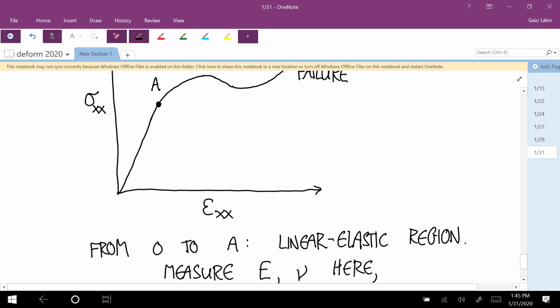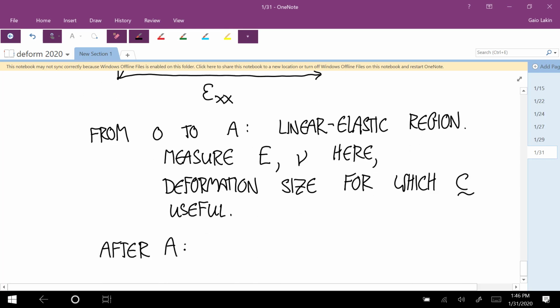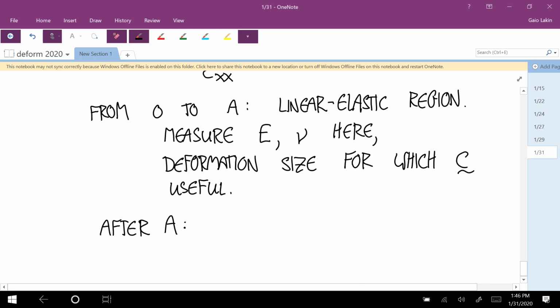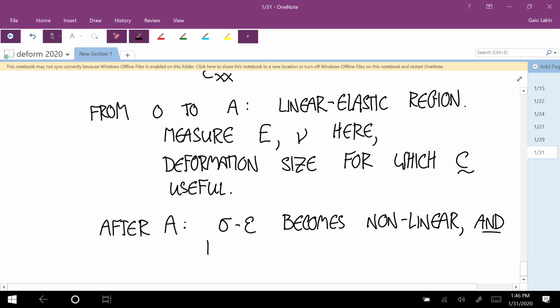There's no reason that they have to happen at exactly the same spot, but it's close enough that we're just going to treat it like they happen at the same place. Two things happen. The stress strain becomes nonlinear, so you can't use that matrix relationship anymore. And deformations become permanent.